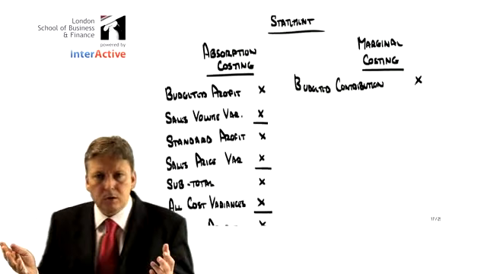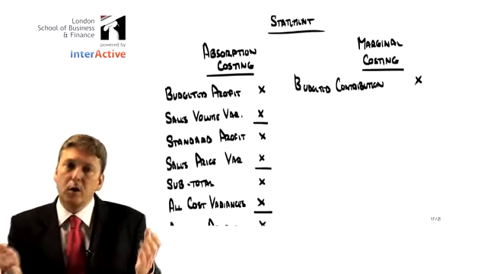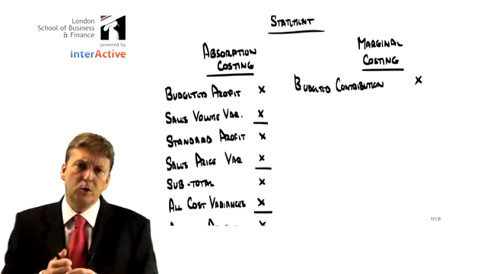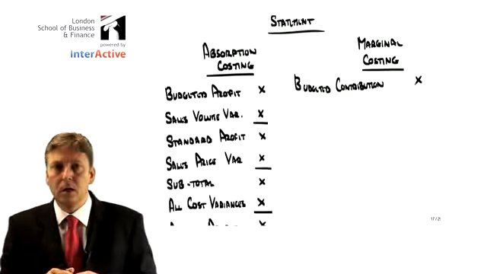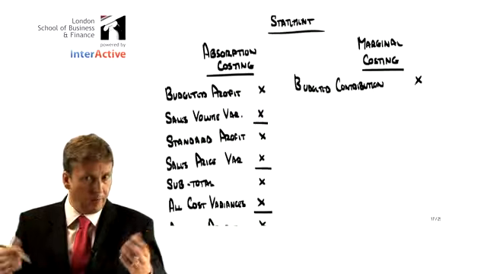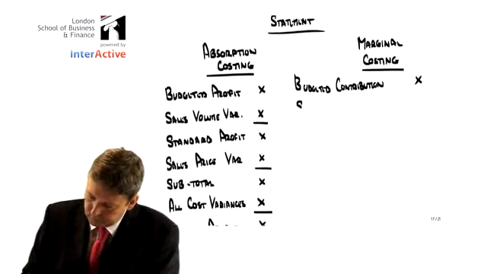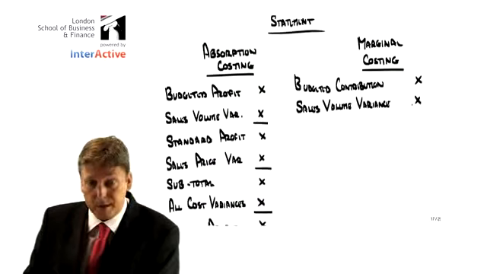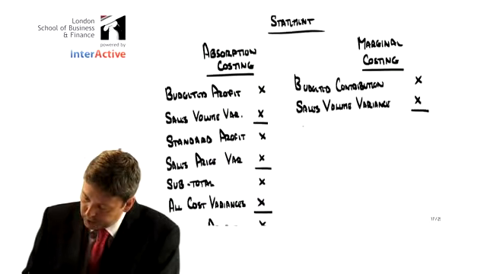Now, what is included in the makeup of budget and actual contribution? Well, we know contribution is made up of sales and variable costs. So that's all we introduce to begin with. We have our sales volume variance first of all, plus or minus, and that will give us our standard contribution.